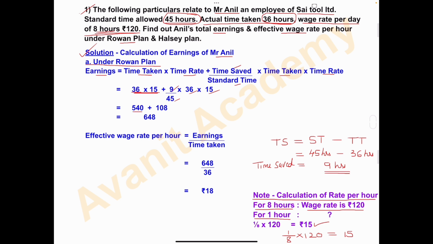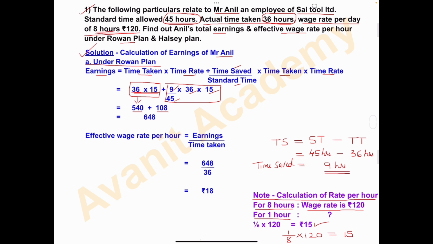First multiply this: 36 into 15, answer is 540, plus 9 divided by 45, that is 0.2 into 36 into 15, and the answer is 108.